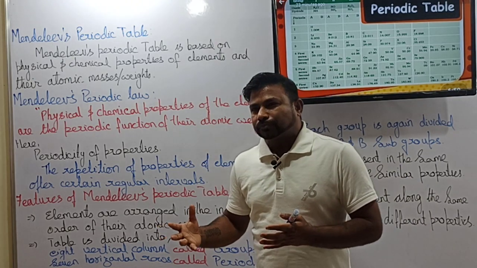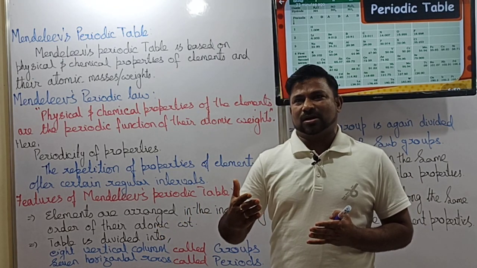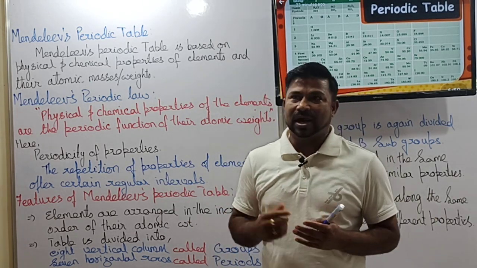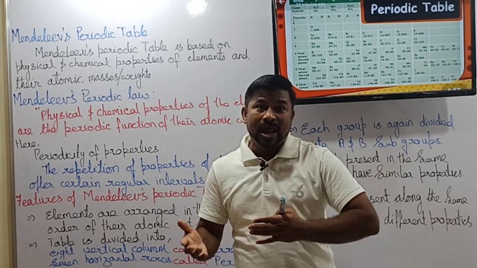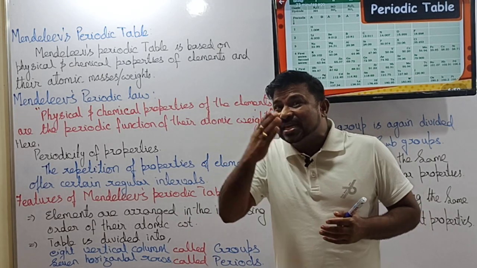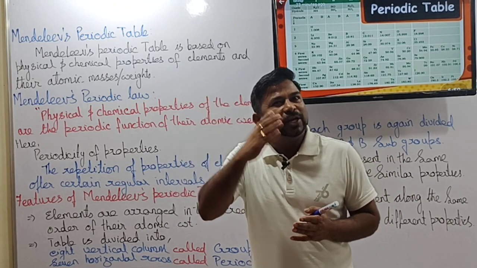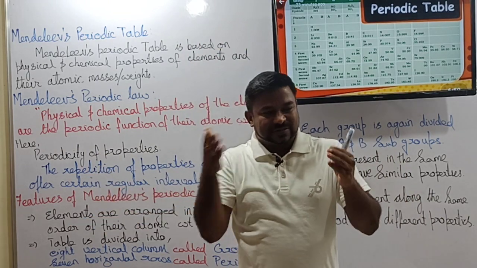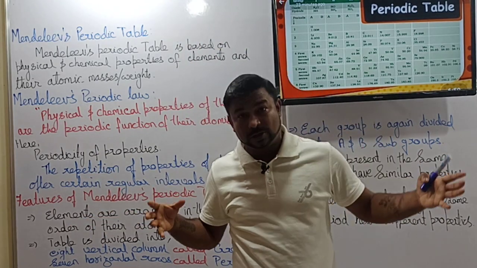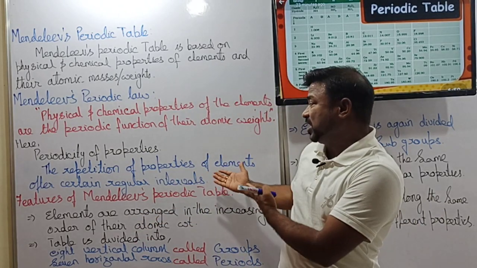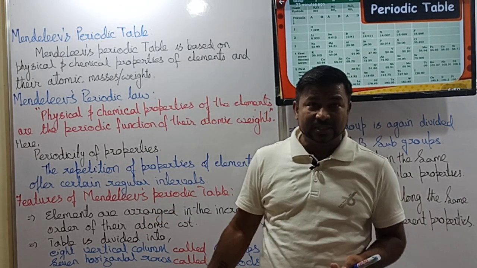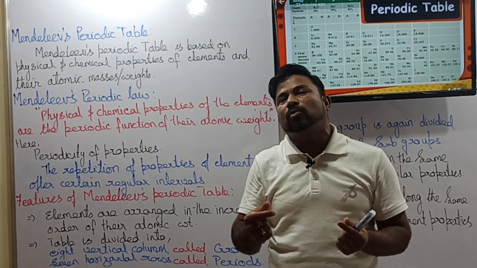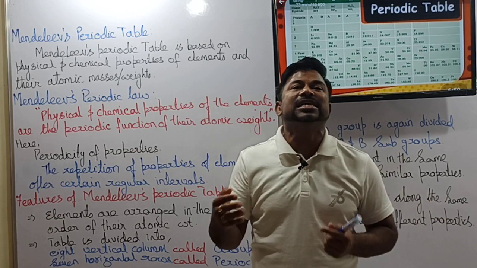Generally, if the properties of the elements are repeating at a particular interval, like in Newlands' case, the properties were repeating for every eighth element. It's a sort of repetition of the eighth. Second, if the elements are arranged in a particular order, of course he has taken the increasing order of their atomic weights, after arranging, if the properties are repeating at a particular interval, then we call it periodicity of the elements.